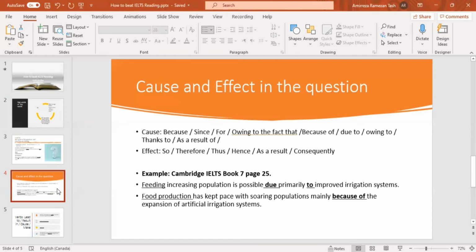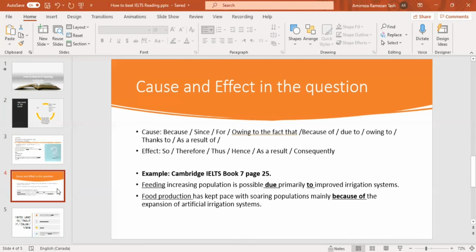So in the text we will find that food production has kept pace with soaring populations mainly because of the expansion of artificial irrigation systems. Instead of feeding, we are finding food production. And instead of irrigation systems, here we have the exact expression, irrigation systems. Instead of improved, here is the expansion. So half of the work is done.